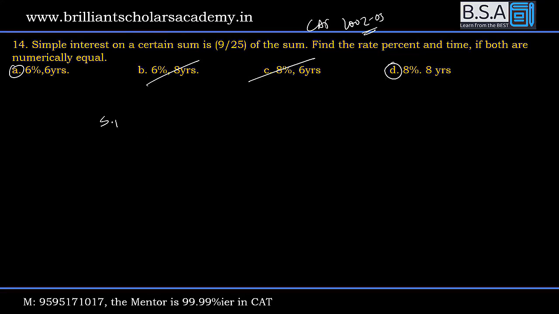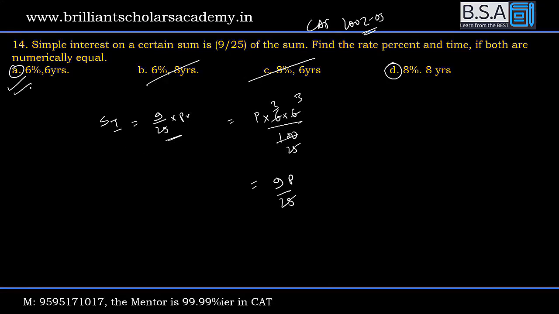I am saying simple interest is 9 by 25 of the principal. I have to just verify this. If I look at this answer option, simple interest is equal to principal into n into r upon 100. Cancelled by 2, 3 times, cancelled by 2, 3 times, cancelled by 4, 25 times. Does it match?